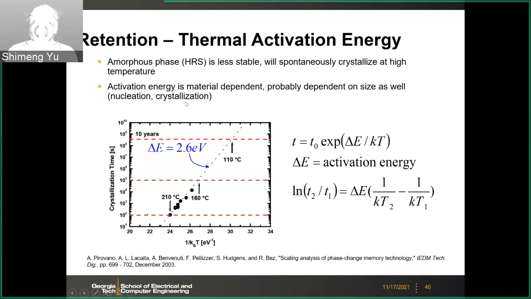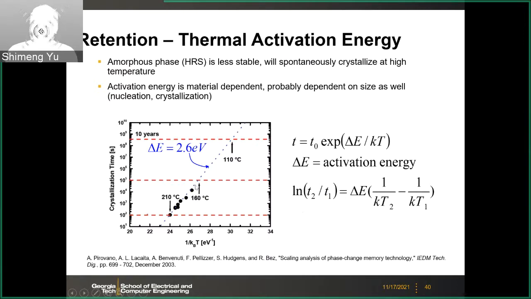So first, this spontaneous crystallization, as we discussed. So we have this Arrhenius plot, 1 over kT plot, and then you can do this extrapolation. And you have done the homework, so you know what I'm talking about.